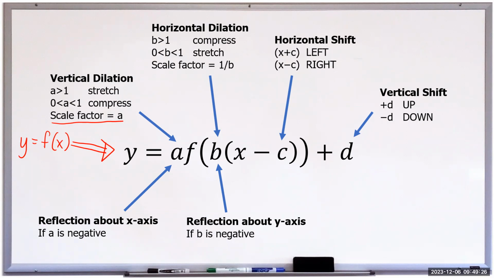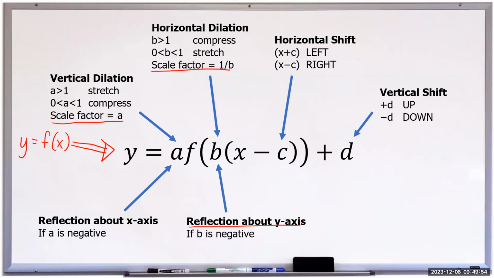Next, the b variable represents horizontal dilation. If b is greater than 1, that is a horizontal compression. If b is from 0 to 1, that is a horizontal stretch. And take note that the scale factor to be used is the reciprocal, 1 over b. And if b is a negative number, then we have a reflection about the y-axis.